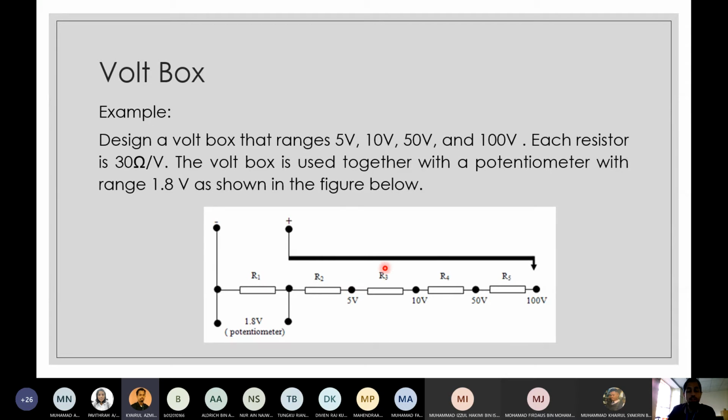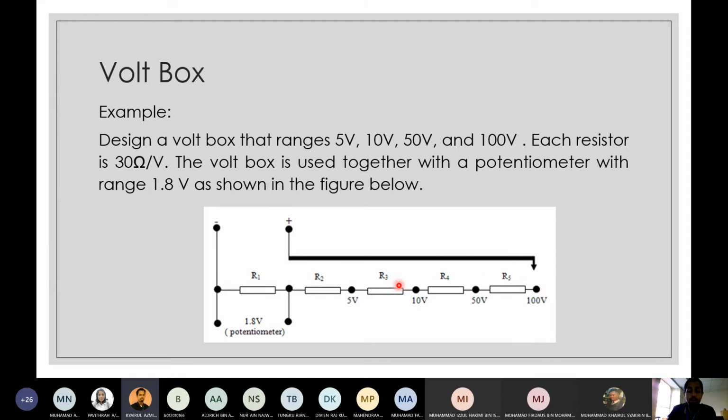Now we repeat the process for R3. So R3, we want to measure up to 10 volts, but the previous range is 5 volts. So the voltage across here must be 5 volts. So similarly, the voltage across here must be 50 minus 10, 40 volts. And the voltage across here must be 100 minus 50, which is 50 volts.